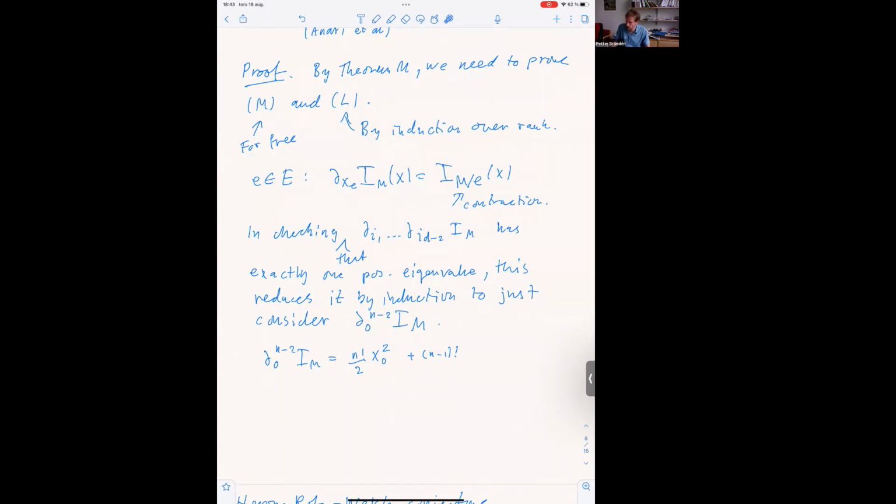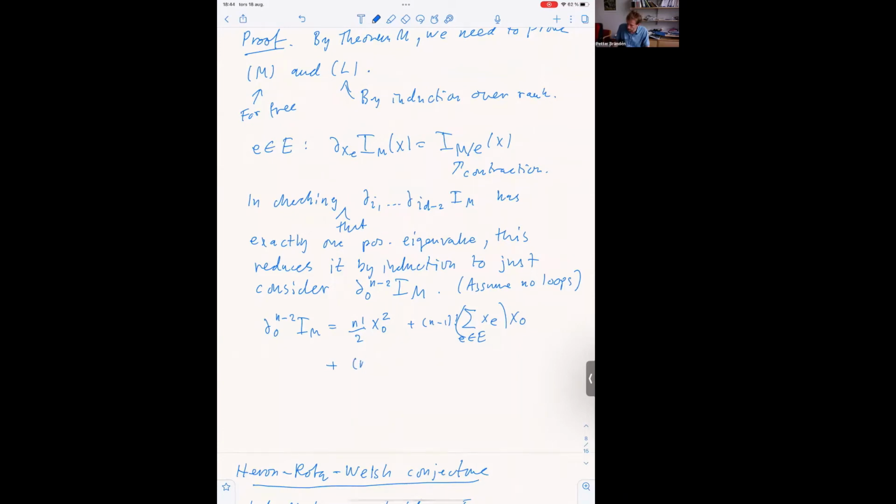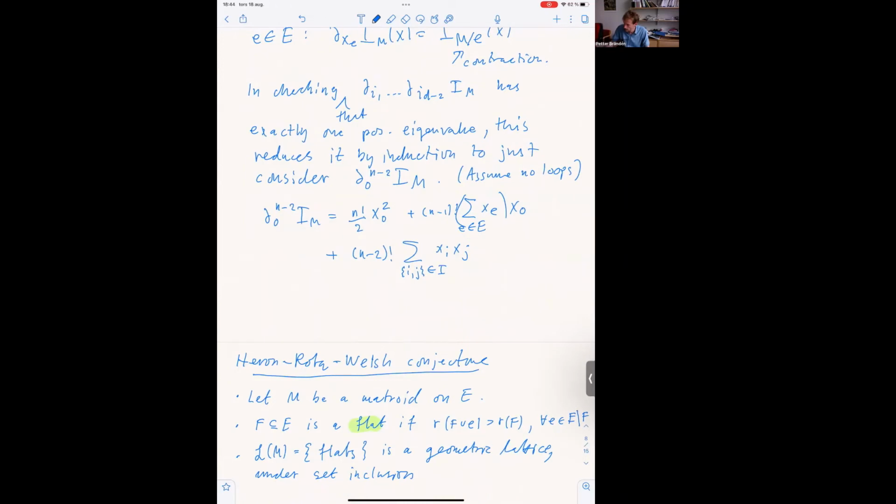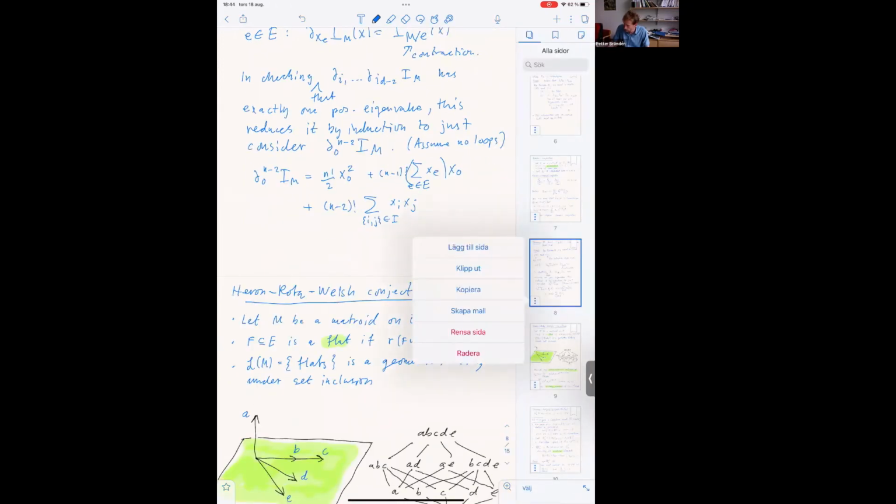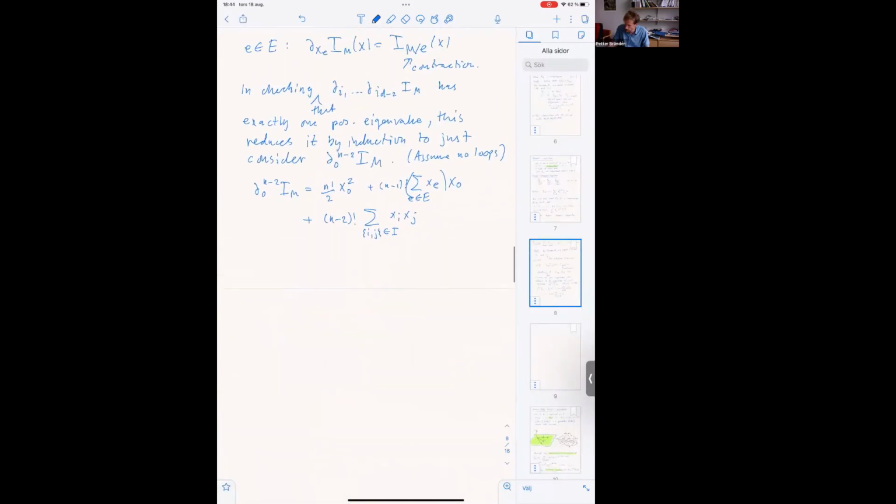And for the ones where we have singletons, we will just get, well, now we can assume it doesn't matter that we have no loops. Running out of space.